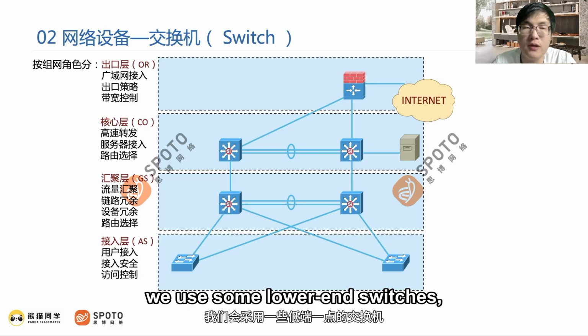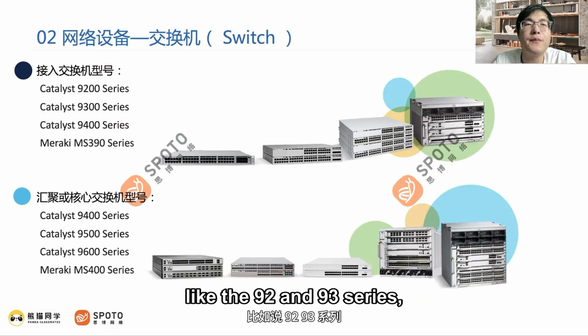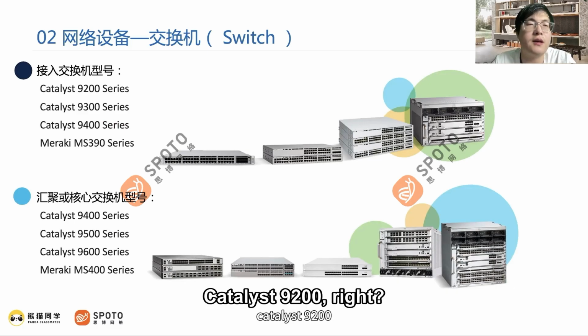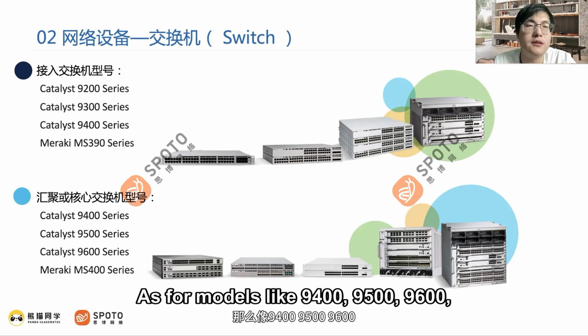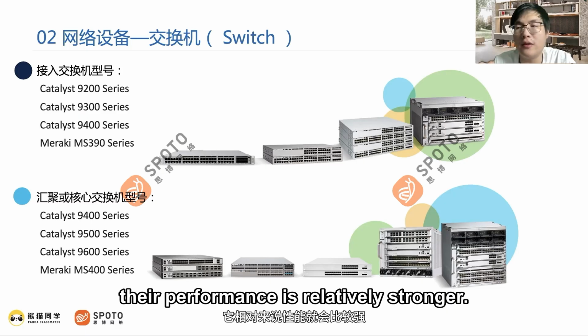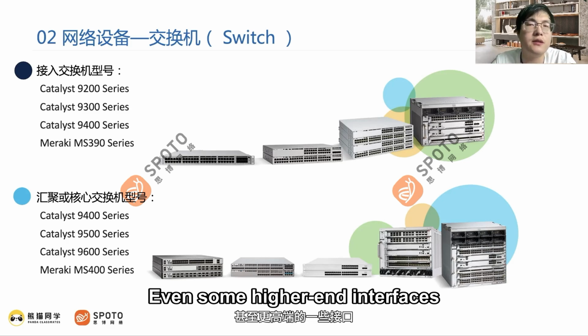So generally, we use some lower-end switches, like the 92 and 93 series. Catalyst 9200, right? Or 9300, these two models. As for models like 9400, 9500, 9600, their performance is relatively stronger. They might have some 10 gigabit interfaces, or even 40G interfaces, even some higher-end interfaces.